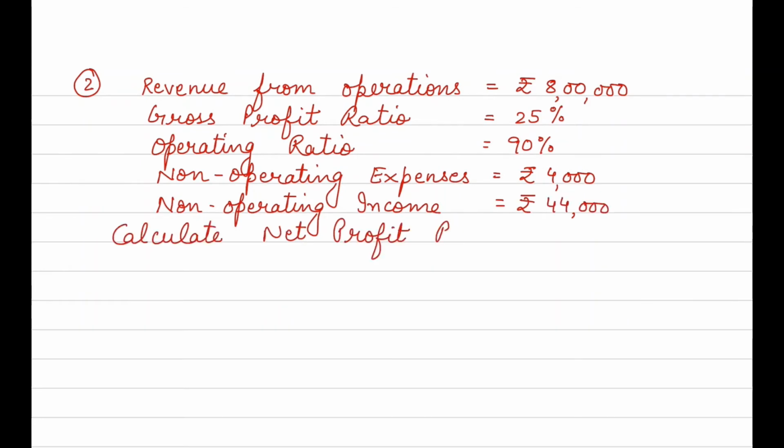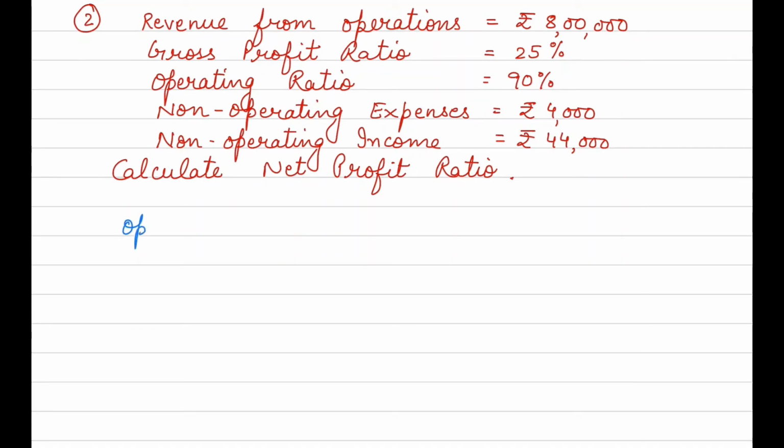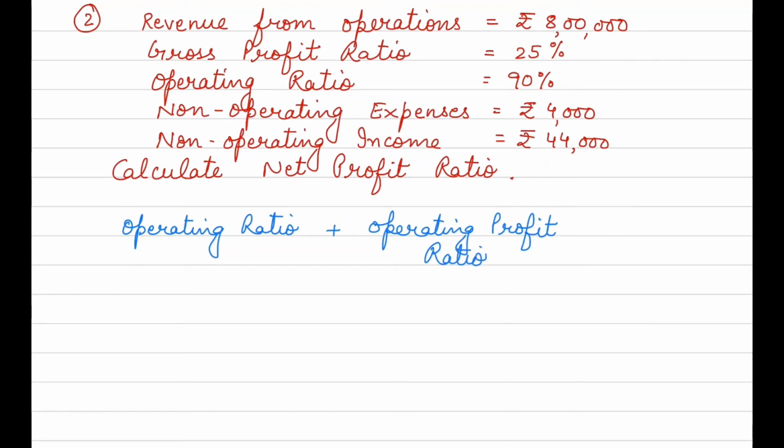Now we are supposed to calculate the net profit ratio in this question also. Now the information given is quite diverse and of different type. So we are going to follow a different approach of solving this question. So initially, please remember that operating ratio and operating profit ratio, these two ratios, they always amount to 100%.